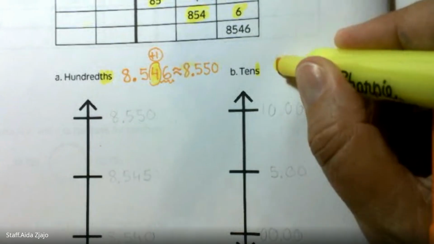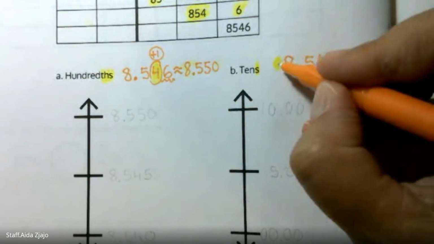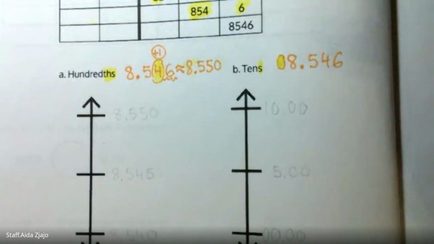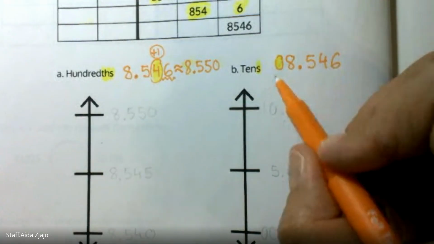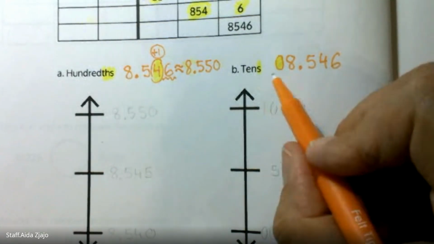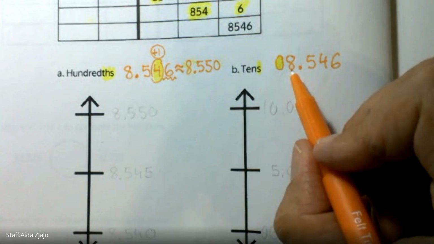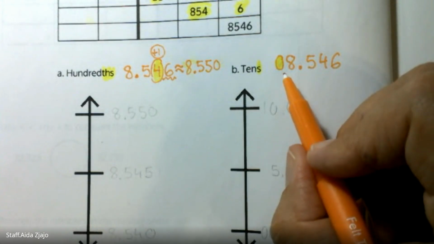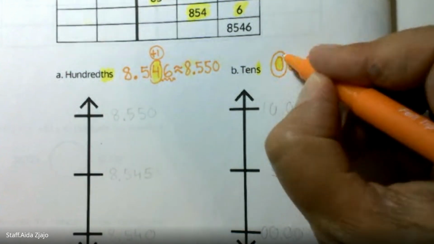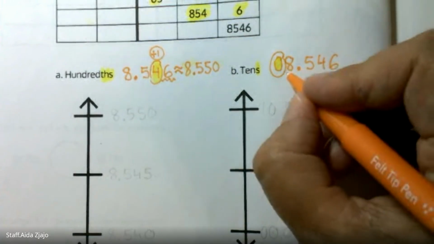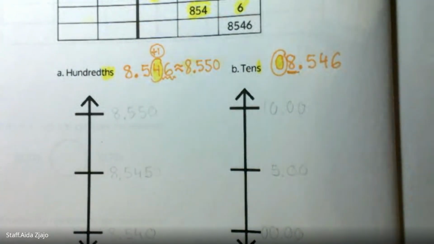When we look at this one here, we need to round to the nearest tens, which are right here. We don't have any tens. So our job is to write 0, because $10, it's not tens. $8, we don't have $10 yet. So we need to round to the nearest $10, but depending on how many $1 we have.